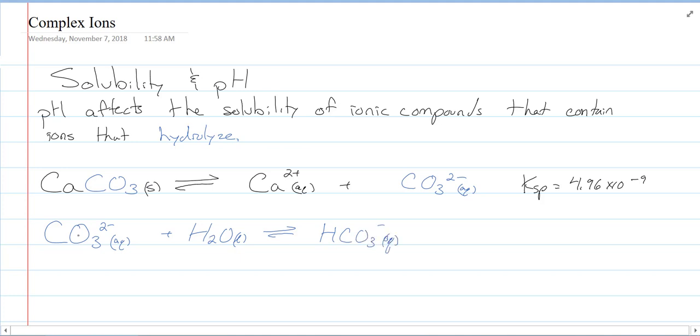Because one of the H's is going to go to carbonate, because carbonate cannot donate protons, it doesn't have a proton to donate, and OH minus. And that would be a KB in this case. In this KB happens to be 1.8 times 10 to the negative fourth. It's 1 over Ka2.